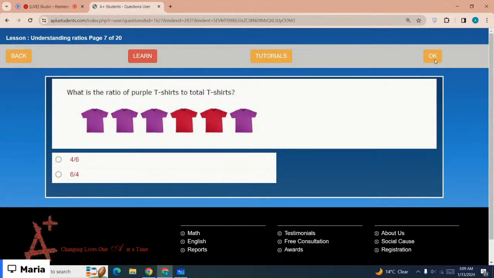What is the ratio of the purple t-shirts to blue t-shirts? So which is the correct option?